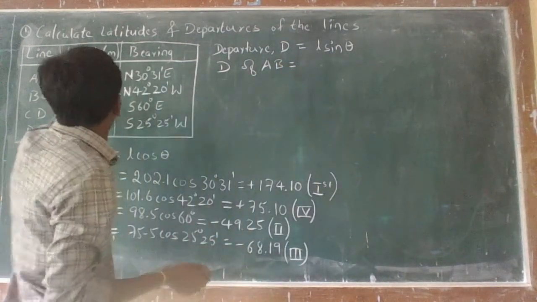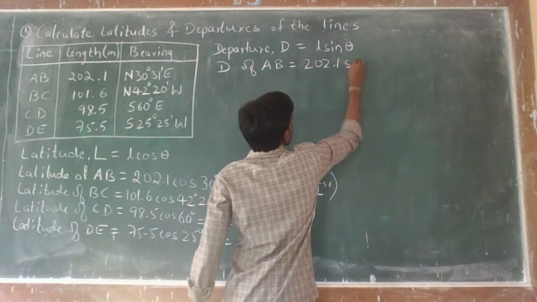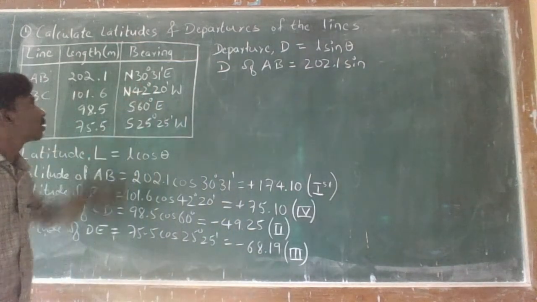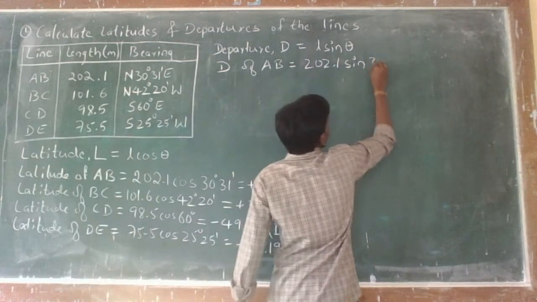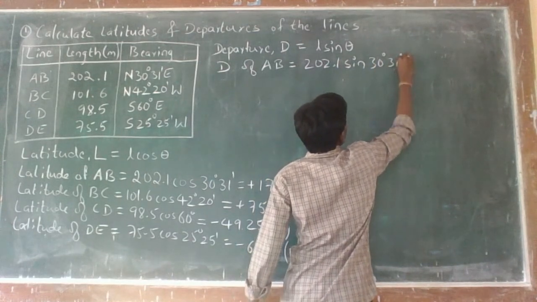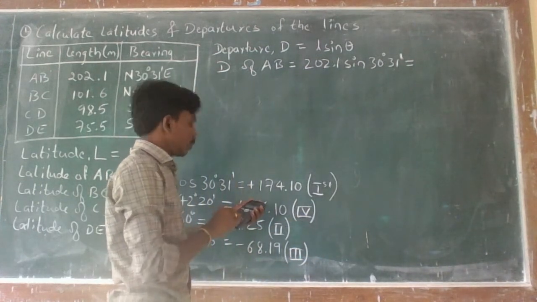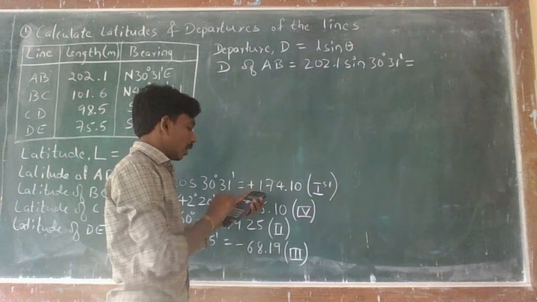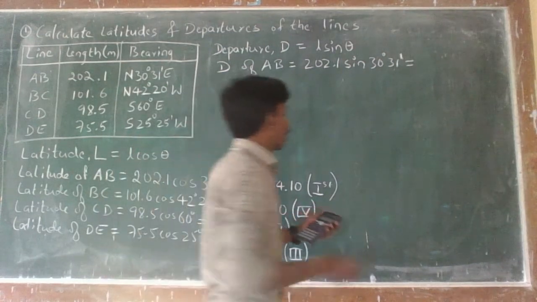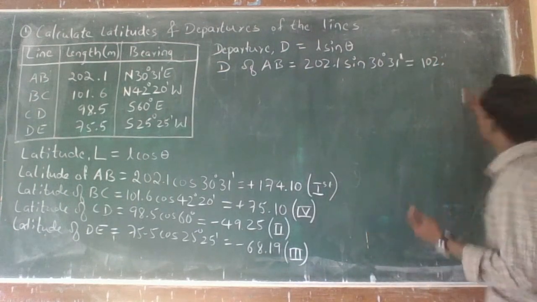Here the length is 202.1, 202.1 sin, the bearing is 30 degrees 31 minutes. So write down 30 degrees 31 minutes. Now calculate 202.1 sin 30 degrees 31 minutes. You will get the value 102.62.